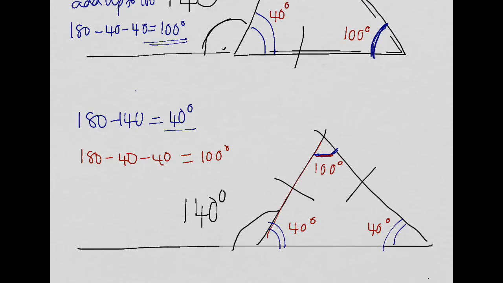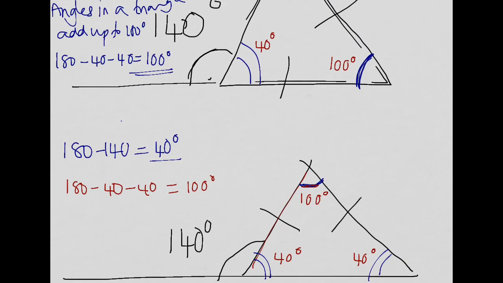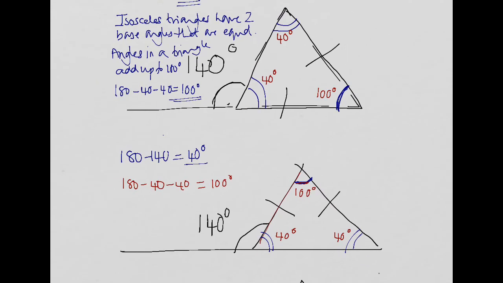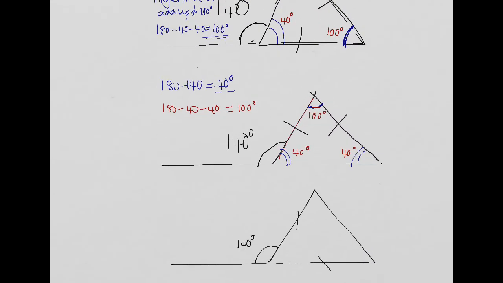Now just one last example. So you notice that so far we've had the equal sides here and here. Then I moved them. If I just shrink that slightly, you'll see I've put them here and here. Now I want to go on to a third example, and you'll see that I've put them here and here.